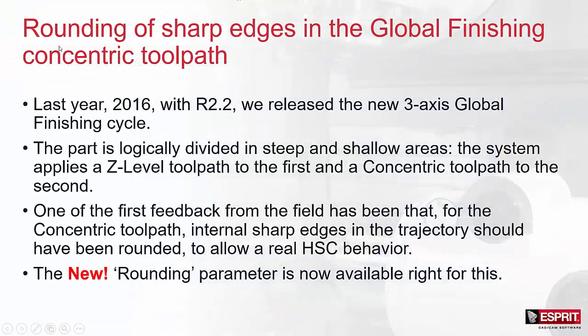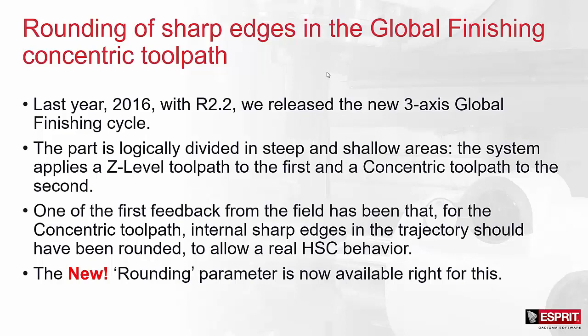Next topic today is rounding of sharp edges in the global finishing concentric toolpath. Last year, 2016, with R2.2, we released the new 3-axis global finishing cycle. The part is logically divided in steep and shallow areas.